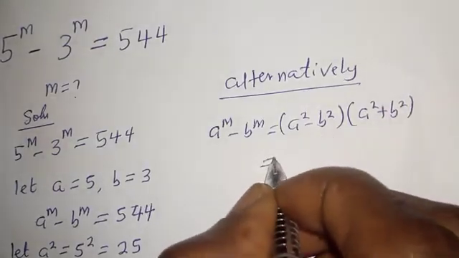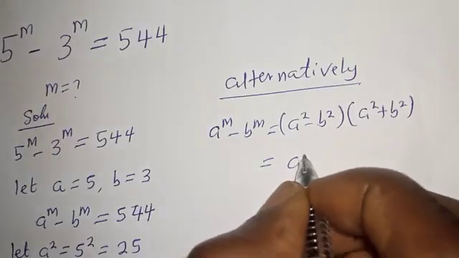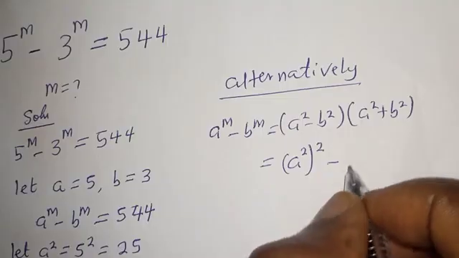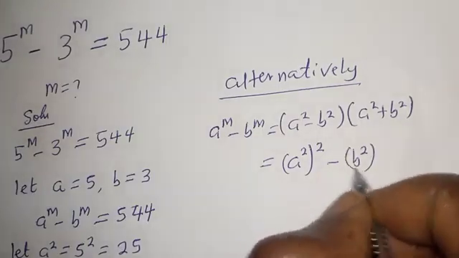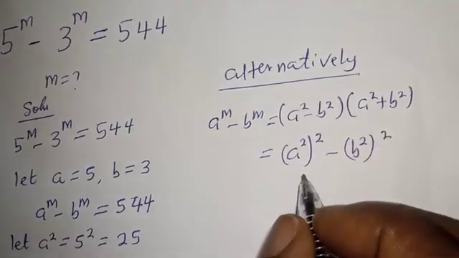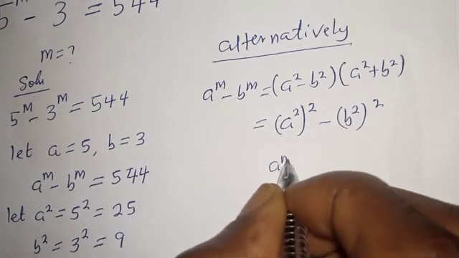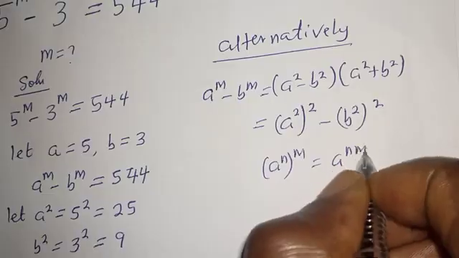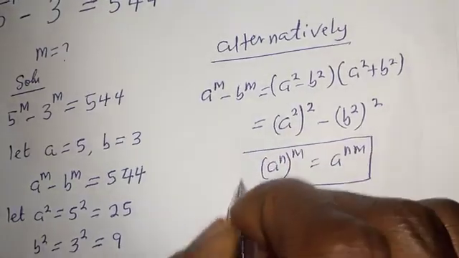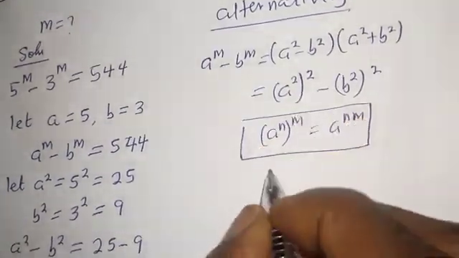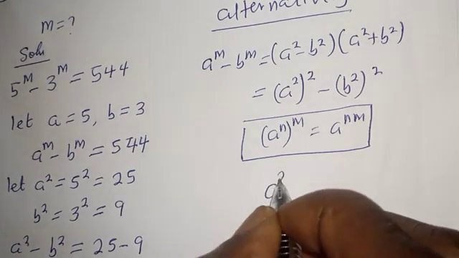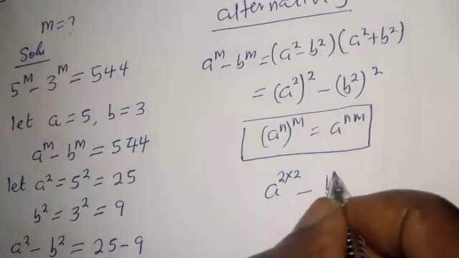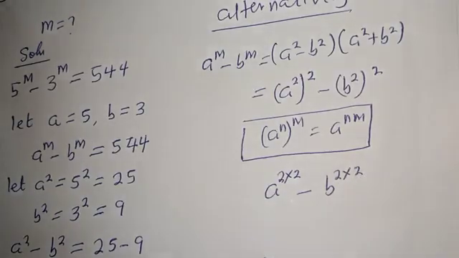Then this is equal to a square squared minus b square squared. And you know that if you have a raised to power n to the power of m is equal to a raised to power nm, then this can be written as a raised to power 2 multiplied by 2 minus b raised to power 2 multiplied by 2.